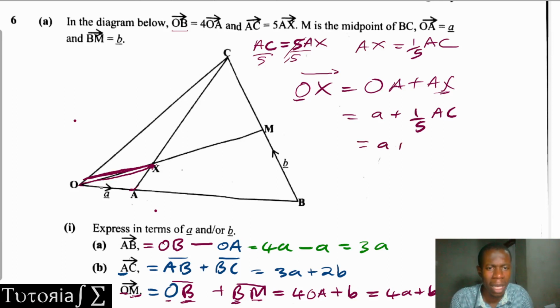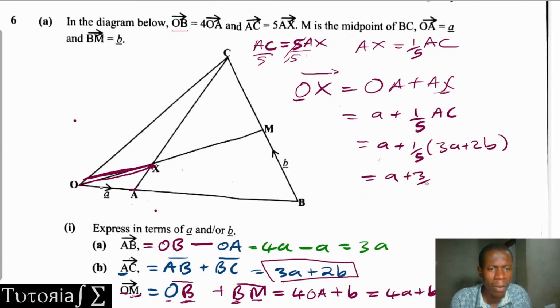So we just put it in brackets. So this is A plus 1 over 5 AC, which is right here, 3A plus 2B. Okay, so we distribute that. That will be A plus 3 over 5A plus 2 over 5B.